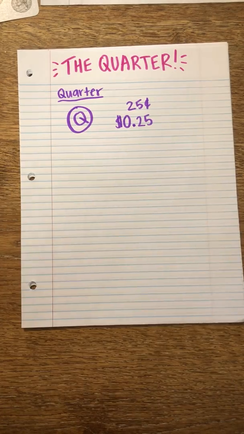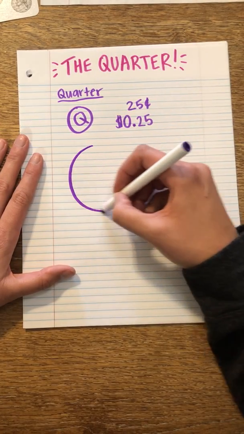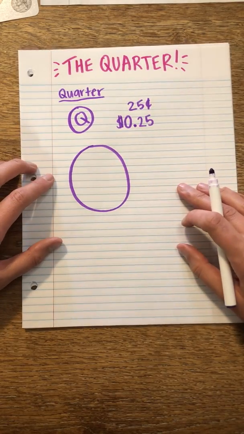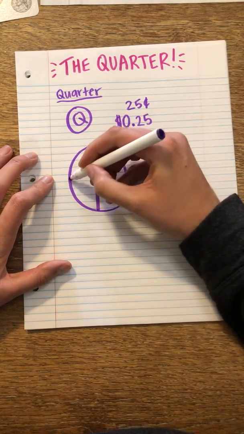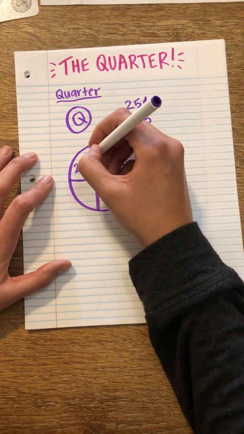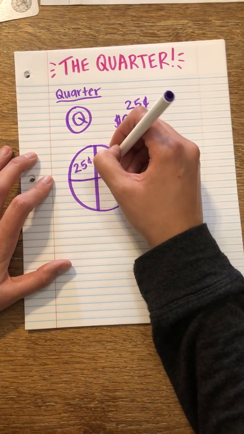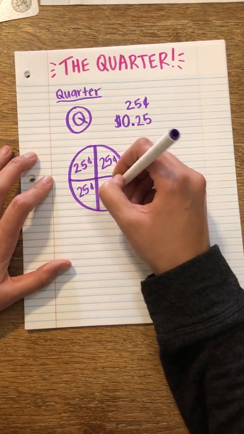So that's going to guide us. Let's just draw, like this is our whole 100, okay? If I split it in half, I would have 50 and 50. But if I split it into 4 pieces, I would have 25 cents, 25 cents, 25 cents, and 25 cents, okay?